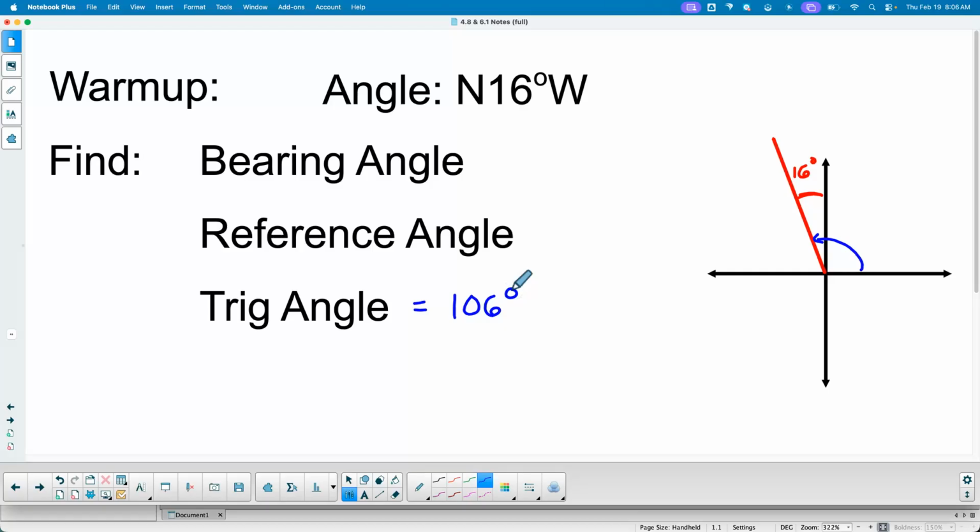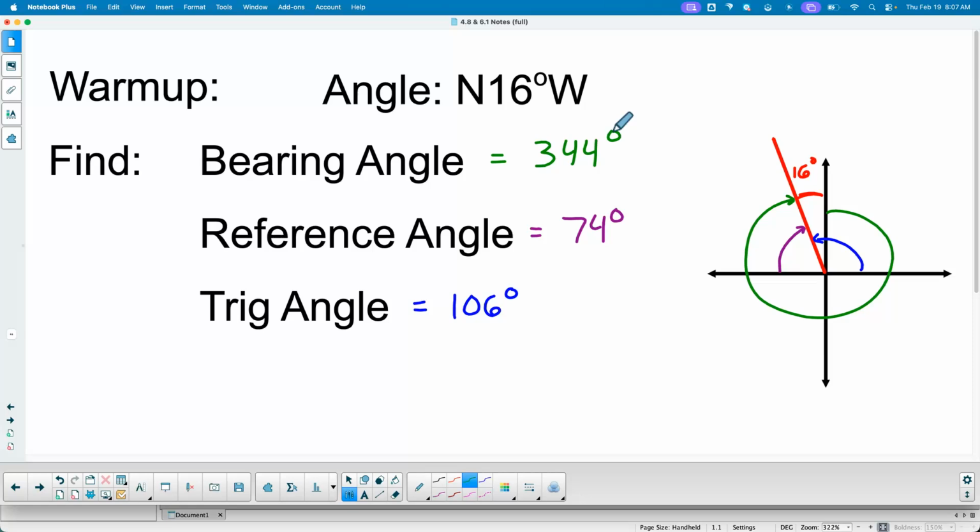My reference angle would be from the horizontal, so that would be 74 degrees. And my bearing angle is going to start here and come all the way around to there, and so that is going to be 344 degrees. Agree with me on those three?